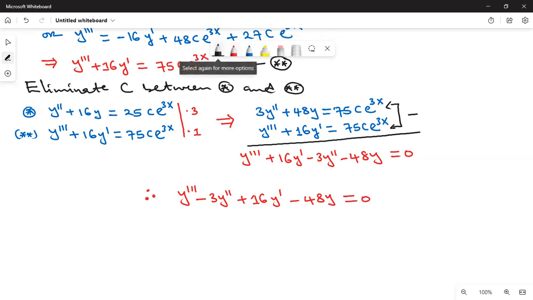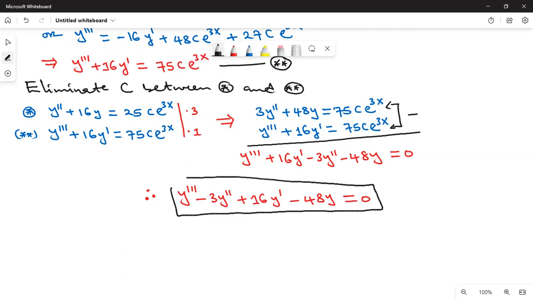So this is the ODE. You can see now this equation lacks the essential arbitrary constants A, B, and C. So this one here is the ODE.